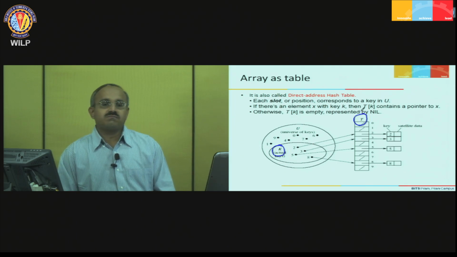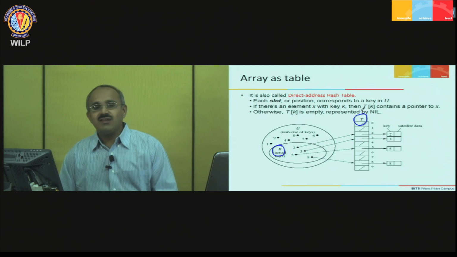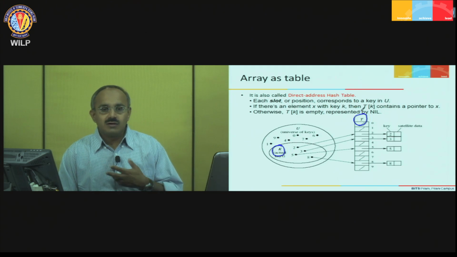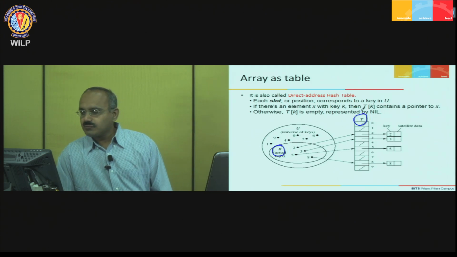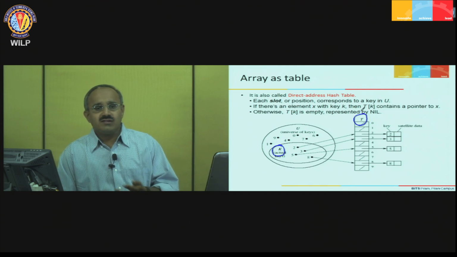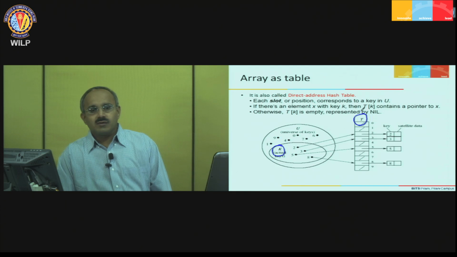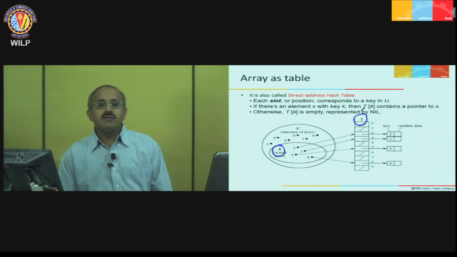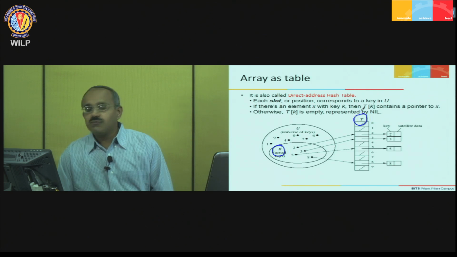So, if I have a million keys in U, then I will have a table having a million cells in it. The size of T is exactly equal to the size of U, and for each element k of K, T[k] will contain a pointer to that element.